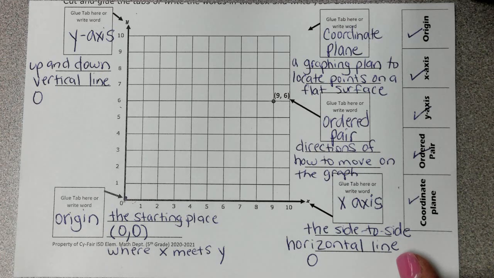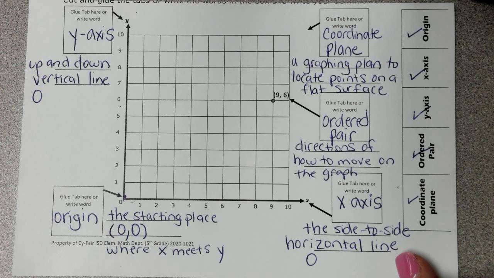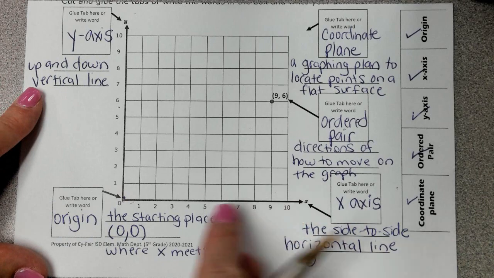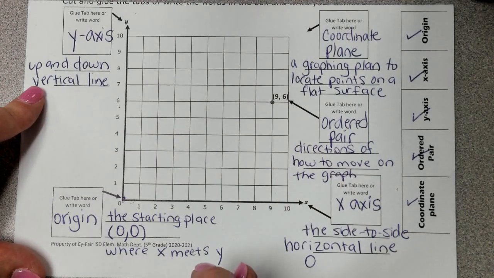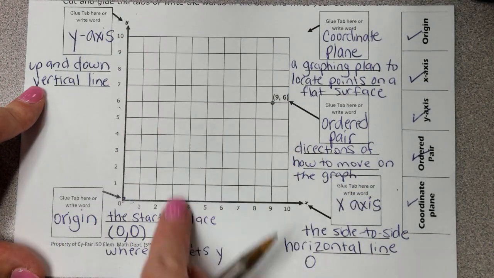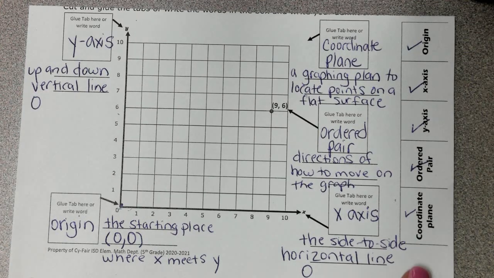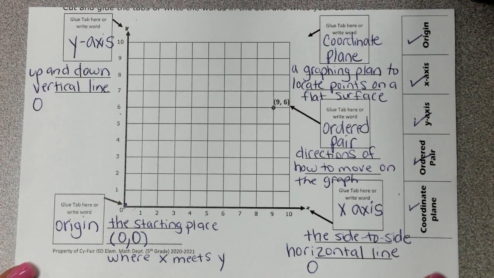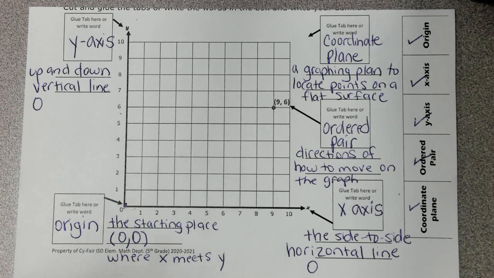Our little directions on our phones, when your parents put in someone's address to get directions how to get to your friend's house or how to go to a new place you've never been before, those systems work by using coordinate graphing, by using lines on the map to find exact locations. In the math class, we use the coordinate plane to show math relationships as pictures. What you're going to want to do with this vocabulary is glue it into your math notebook.